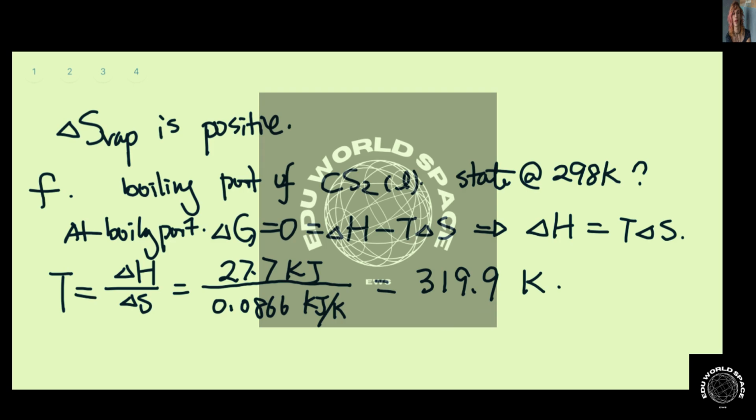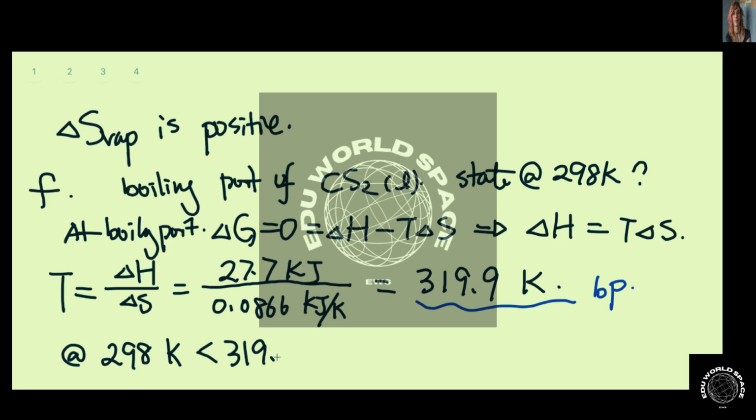So this is the boiling point of CS2. So 298 Kelvin is less than 319.9 Kelvin. So at this point, CS2 will be liquid.